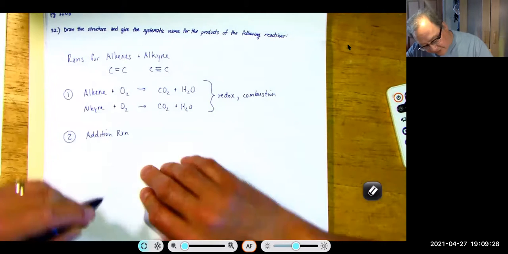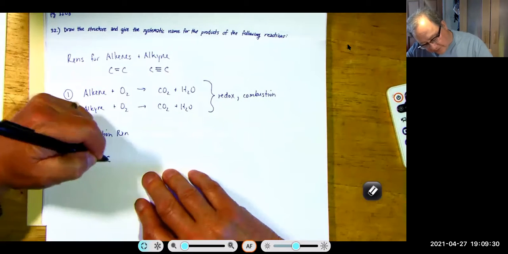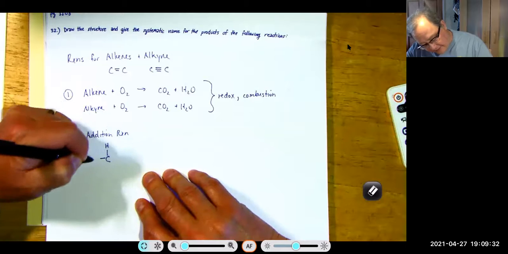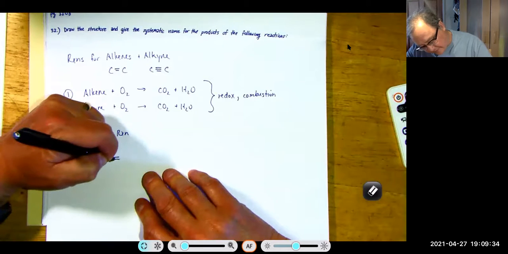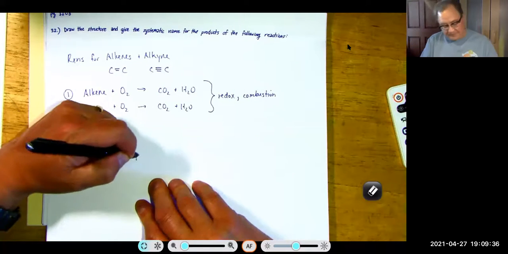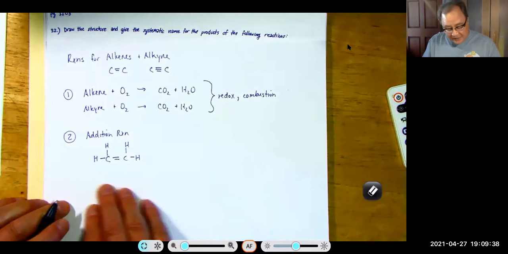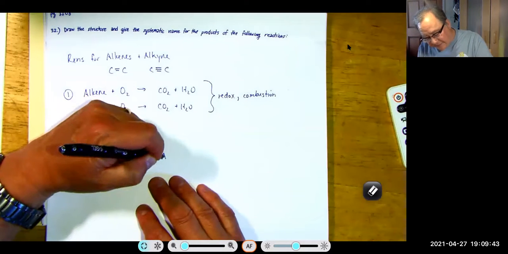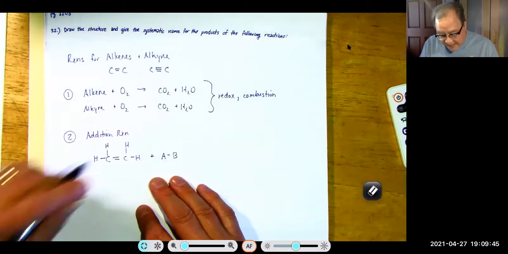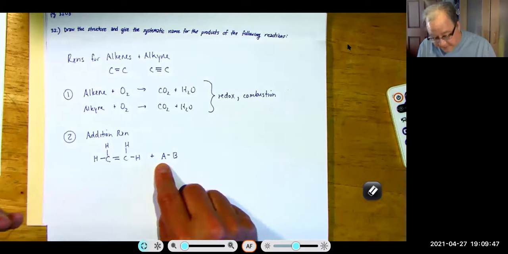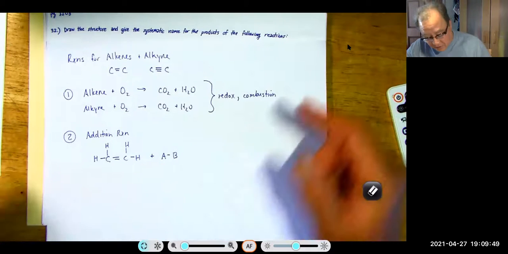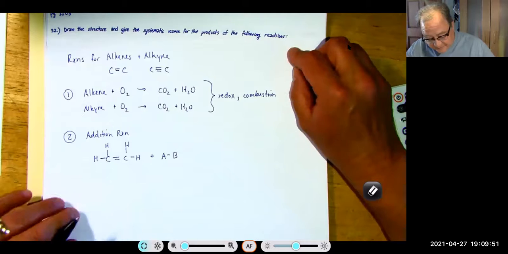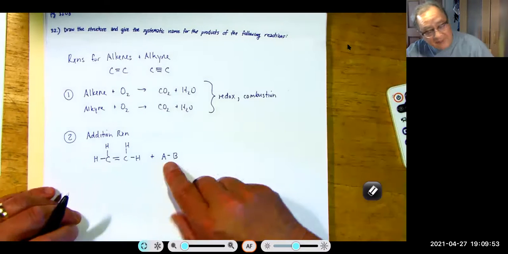So I'm going to take a very simple alkene, that's the simplest alkene you can have, and I'm going to add to it A, B. So A is an element and B is an element. Or actually, A is half of a molecule and B is the other half.